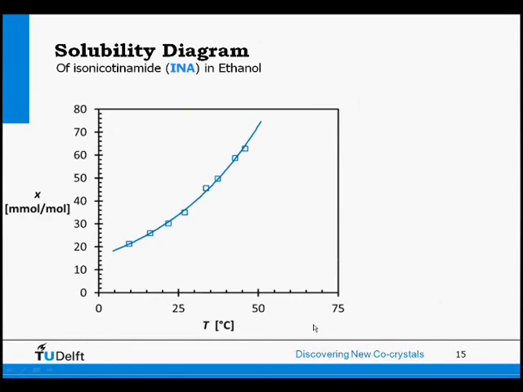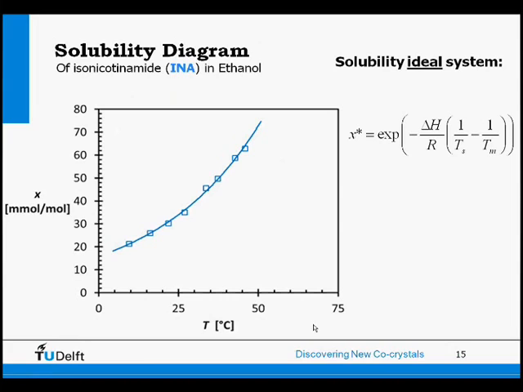And then you can measure the saturation temperature of specific compositions, and usually that is plotted as this composition versus temperature. And then, for instance, for isonicotinamide in ethanol, you get this diagram. And you see that solubility increases with temperature.